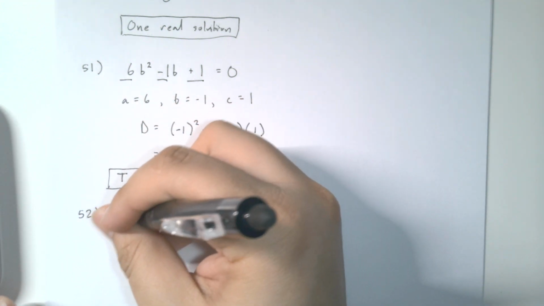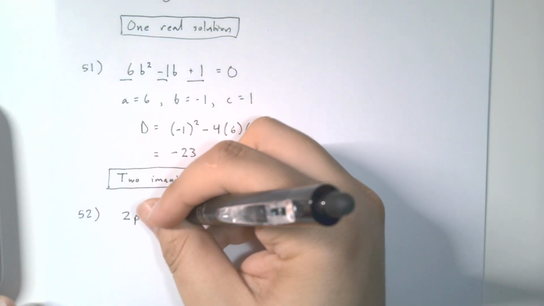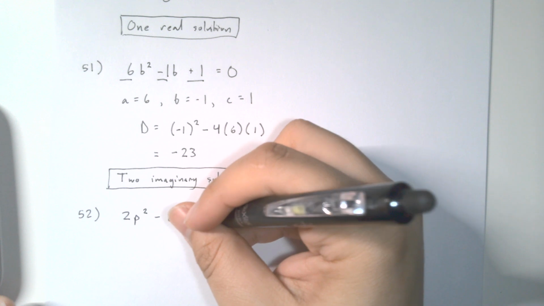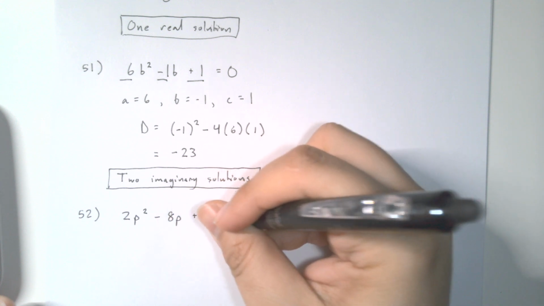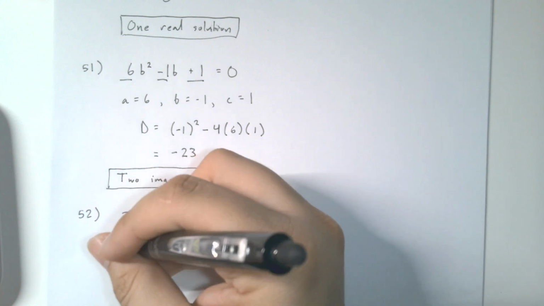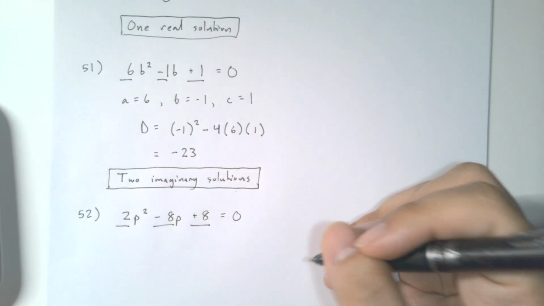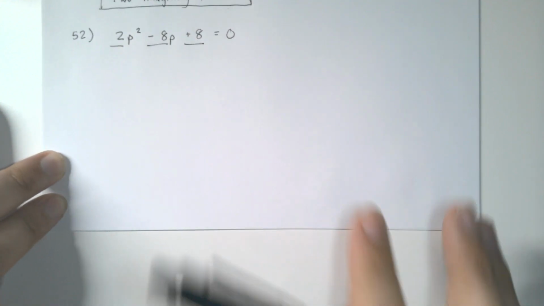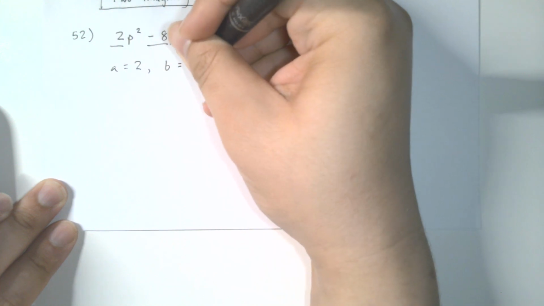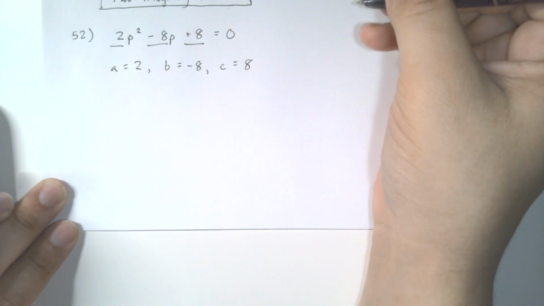Number 52, we have 2p squared minus 8p plus 8 is equal to 0. And identifying what a, b, and c are, we have that a is equal to 2, b is equal to negative 8, and c is equal to 8.